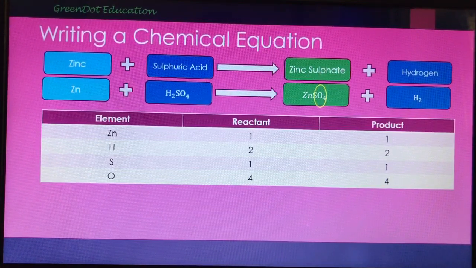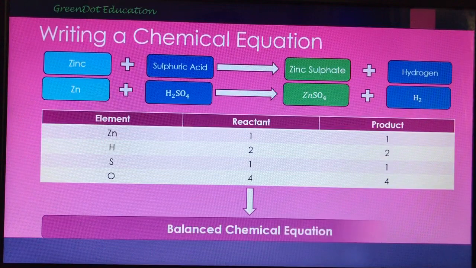So from the table we can see that both the reactant side as well as the product side have the same number of atoms for each and every element, and hence this type of equation is known as a balanced equation.